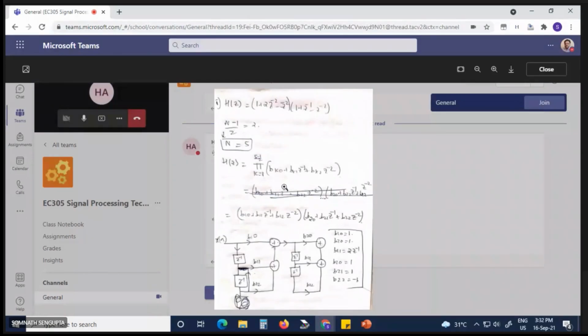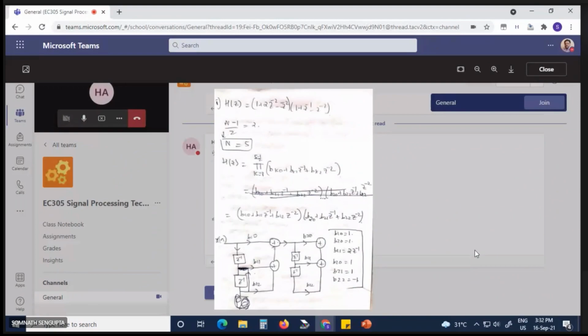First stage, first coefficient B10 is 1. Then B11 has value 2. Then the output of the first z inverse goes again delayed to the second z inverse element. Sir, I made a mistake, sir. B11 will get 0 value and B12 should get 1 value. B11 will also be 2.